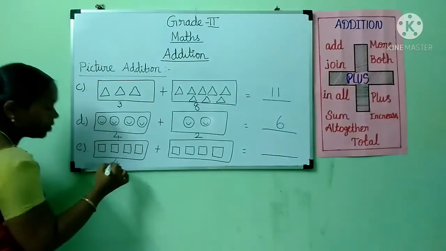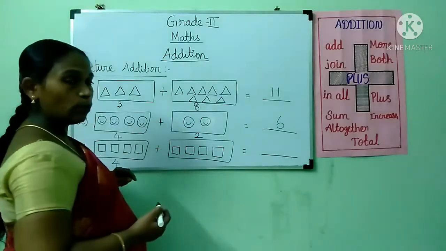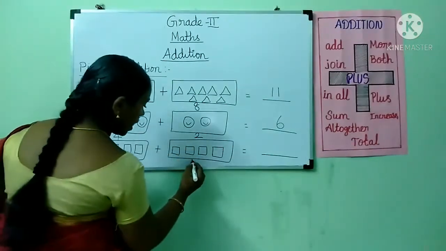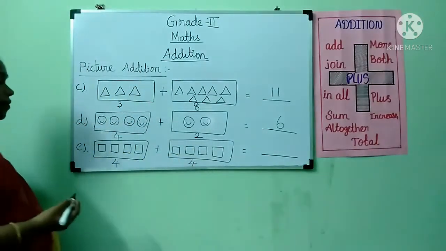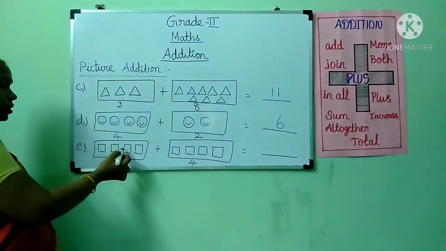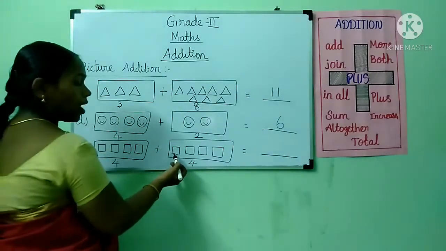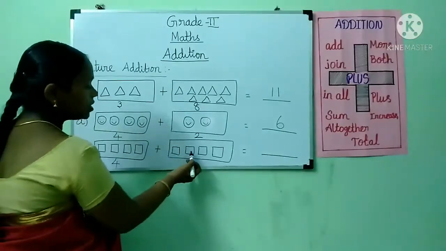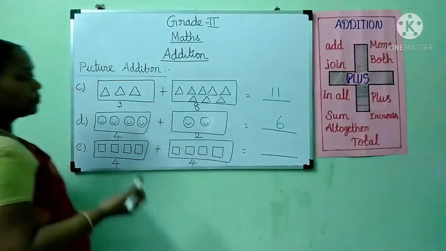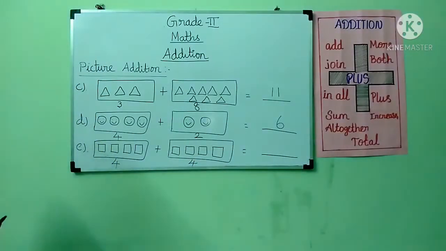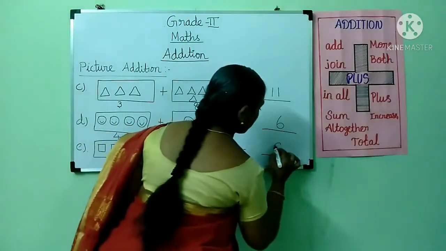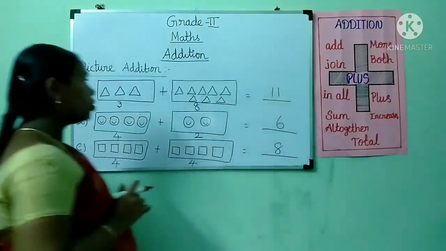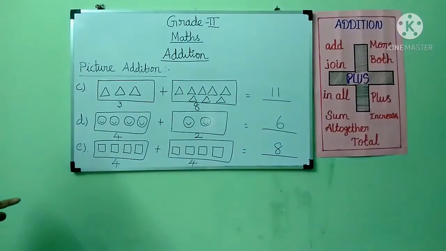So write 4. How many squares in the second box? This also has 4. So the total: 4, after 4 comes 5, 6, 7, 8. The total is 8 squares. Are you clear, children? How to add this picture addition?